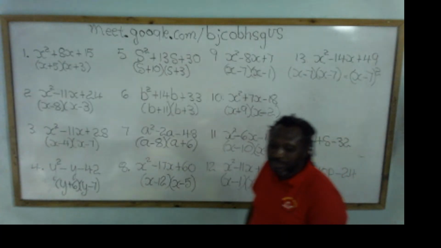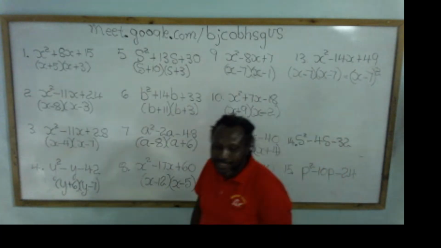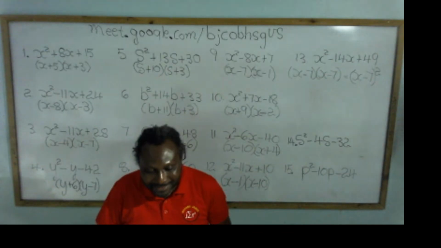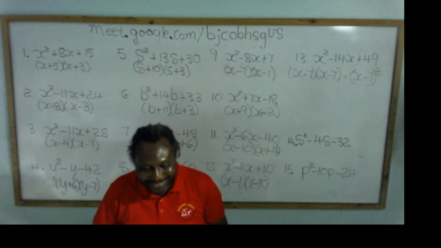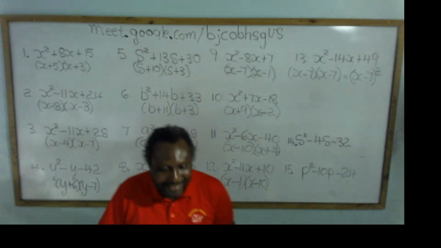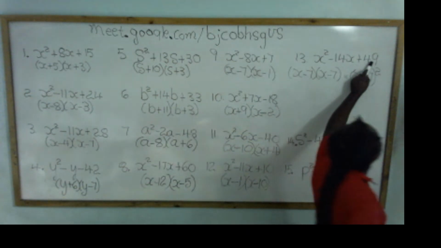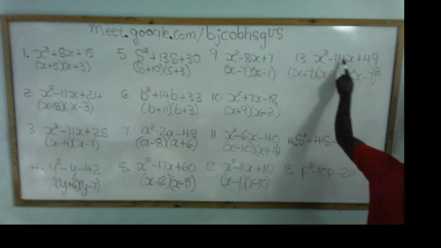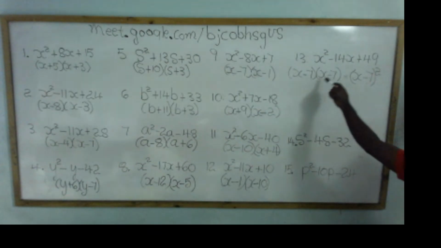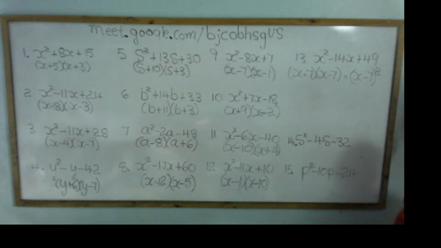The two numbers multiply to give a positive 49, and the sum is negative 14. So you arrive at that one in quick succession.